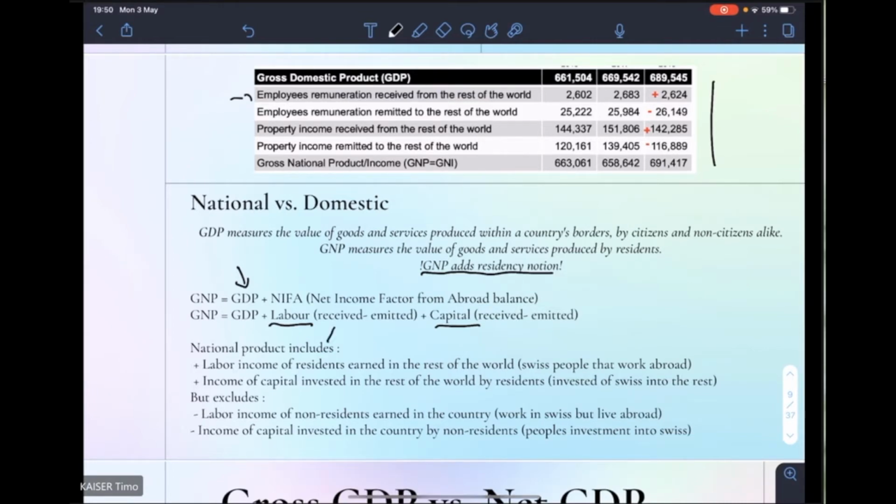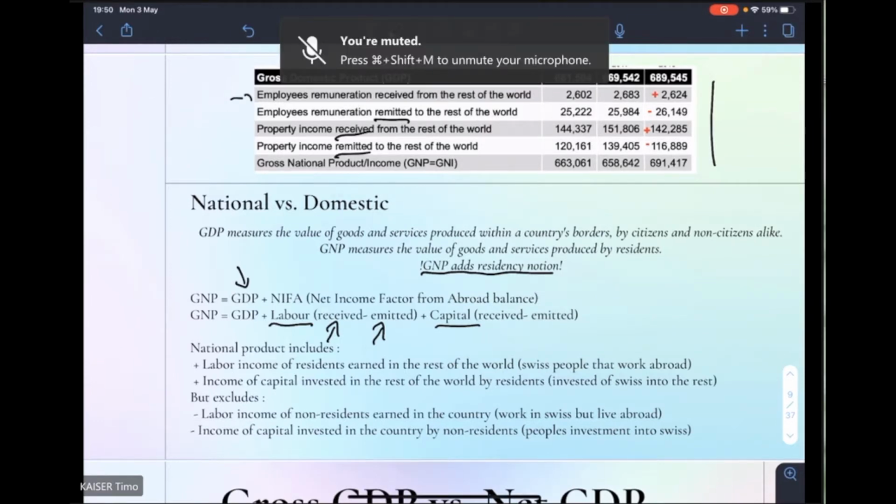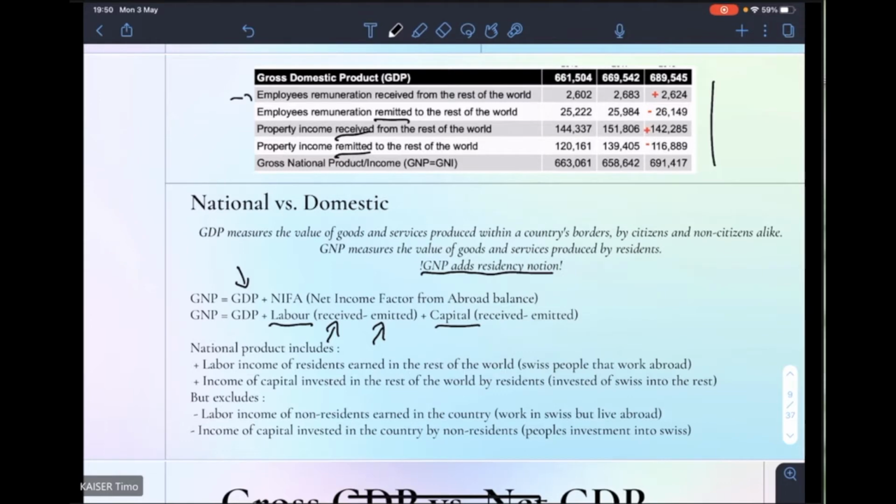So receivable, as we have here, and then here remitted to the rest would be this side, received and remitted. So that would be this thing. And here you have a small explanation for what to add, what to exclude from the national product. And I think this slide is quite self-explanatory.